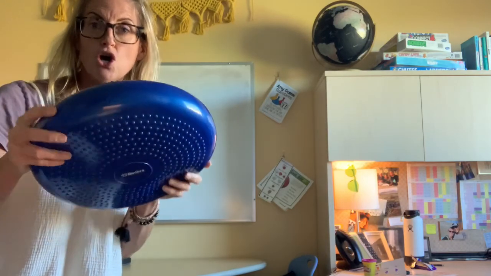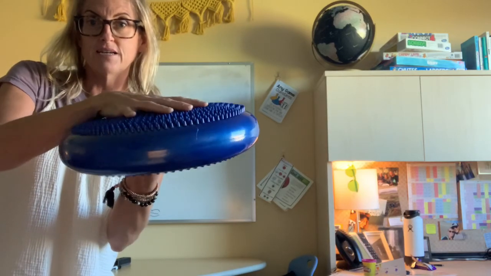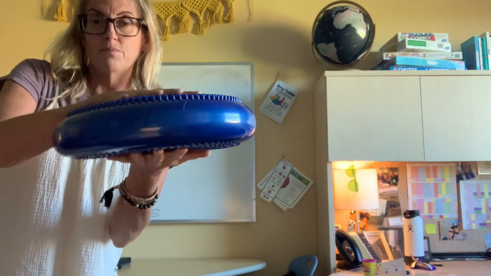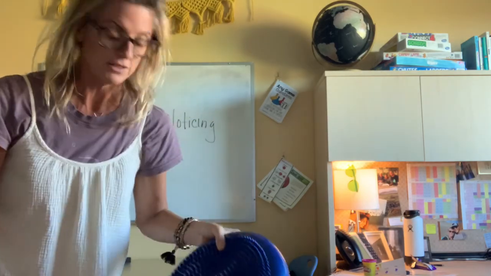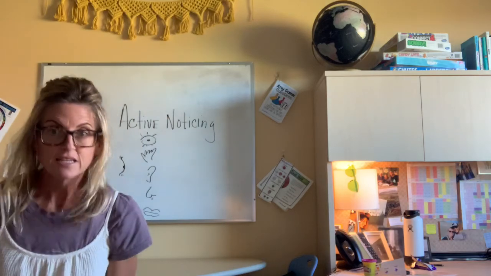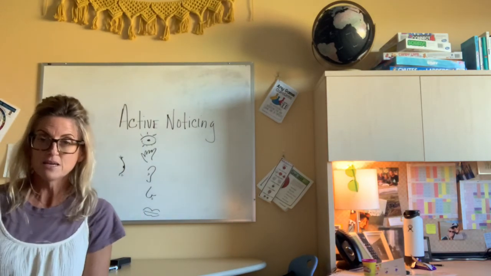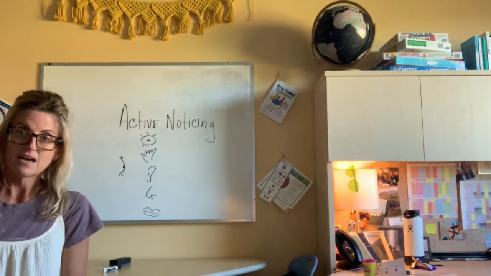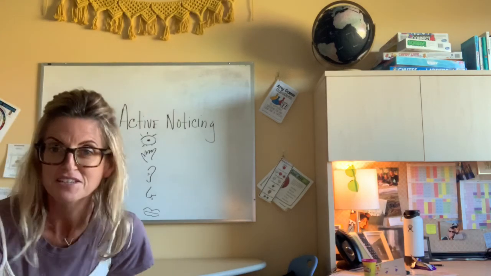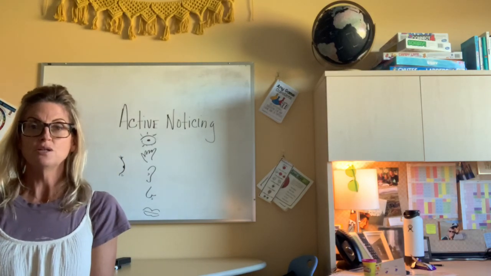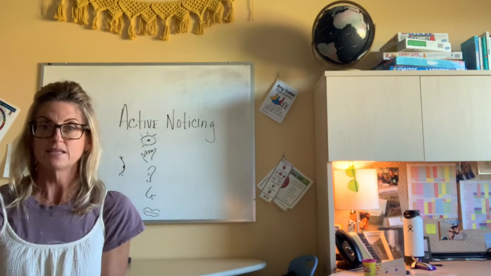It's called something else actually, it has to do with balance, but I can't think of what it's called. But I notice the pins, maybe I'd say. I notice the touch of plastic nubs. I also noticed the touch of a little bit of cold on my skin.